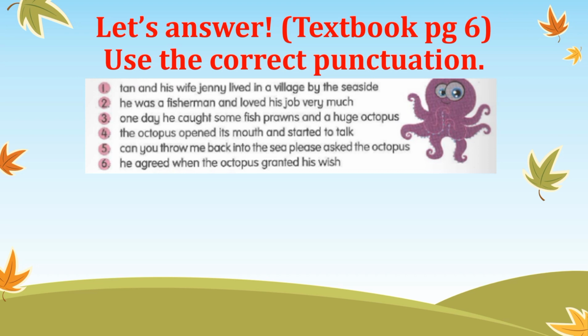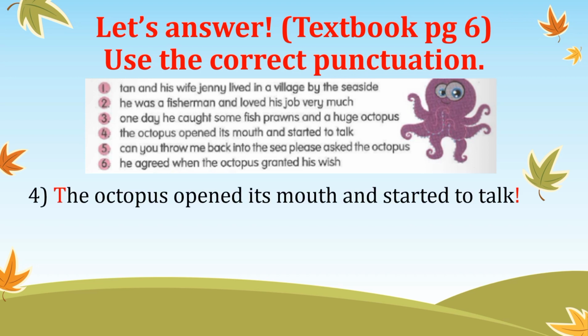Now number 4. The octopus opened its mouth and started to talk. We use an exclamation mark to show that we are shocked, terkejut, because the octopus can speak. It talked to us. The octopus opened its mouth and started to talk!